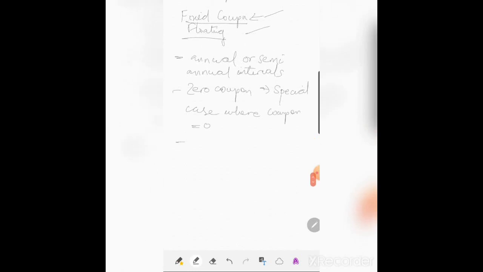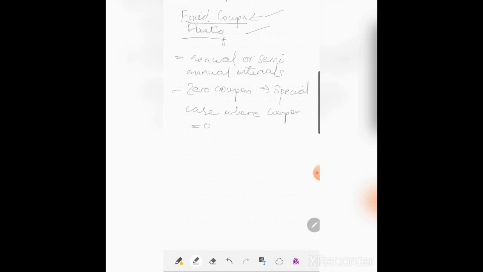So we have other kinds of securities that are very commonly seen. They are called index linked securities.